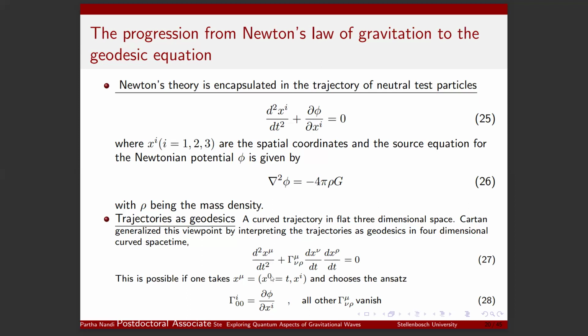If we compare this equation 27 with 25, one can recognize that the only non-trivial component that survives is Gamma^i_00. The other components of the Christoffel connection are completely zero. So we can recast Newton's equation for gravitation in terms of the trajectory, or geodesic motion, of some given spacetime. But the point is whether it is a Riemann spacetime. I am not claiming it is a Riemann spacetime. It is just a spacetime manifold.